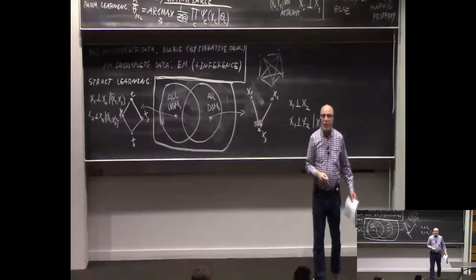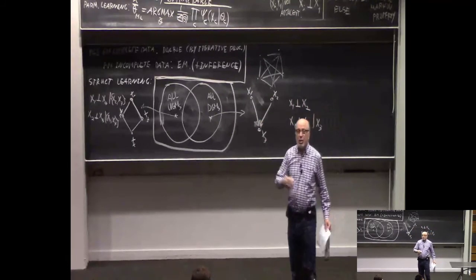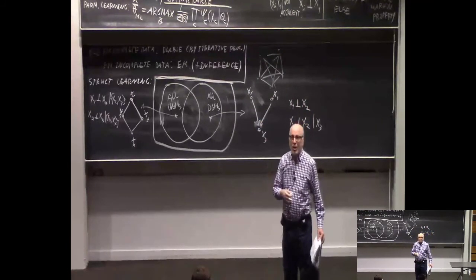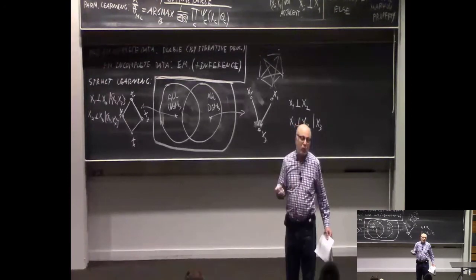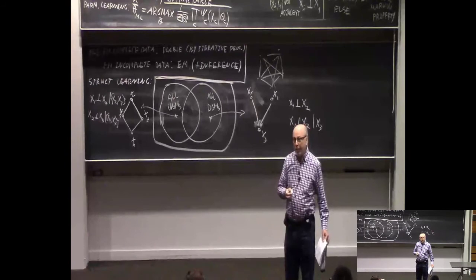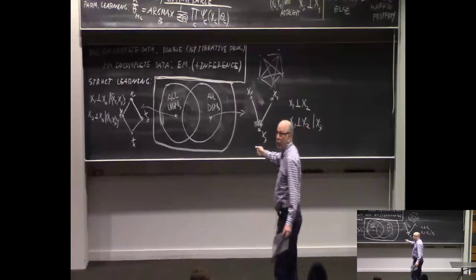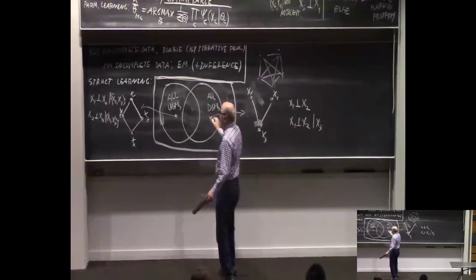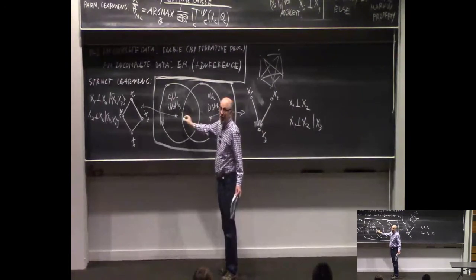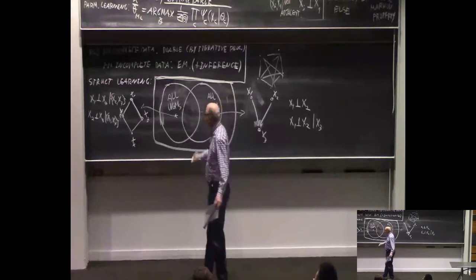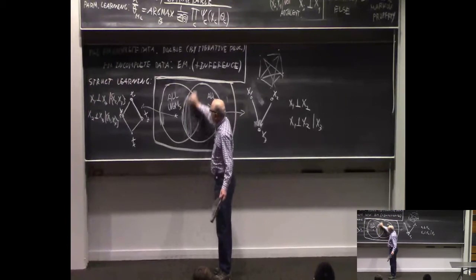Now sometimes, since it's easier sometimes to work in UGM, sometimes in DGM, you may want to try to move from one representation to another if you can. I just argued that you won't always be able to do that. If you start with the model here, there's a model that does not have a representation on the other side, you can't do it. But this set is quite large.